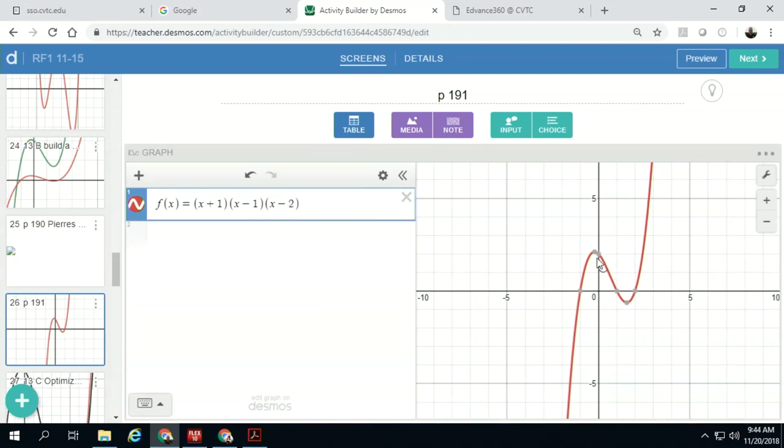In your model, your peak is at 2.113 and negative 0.631.